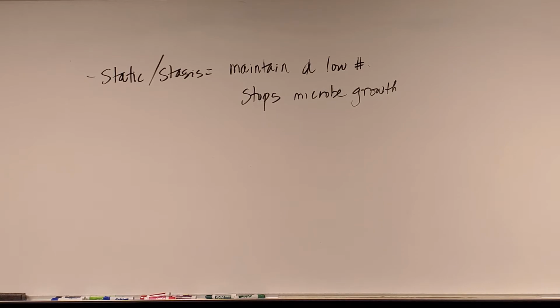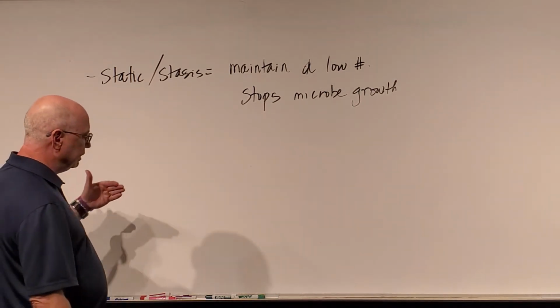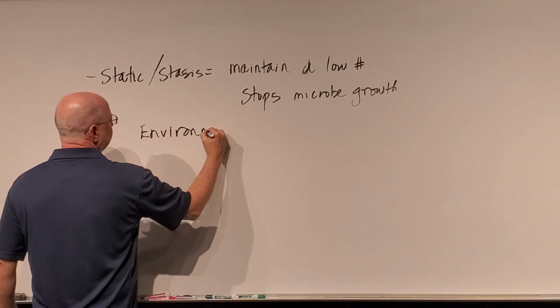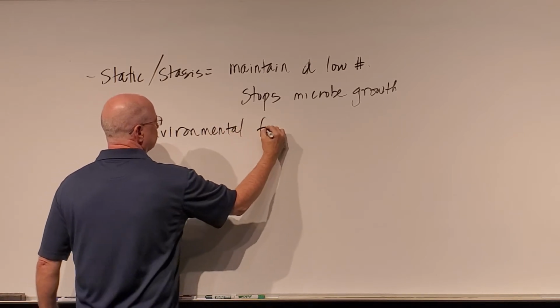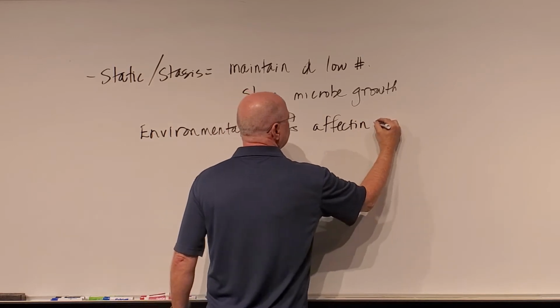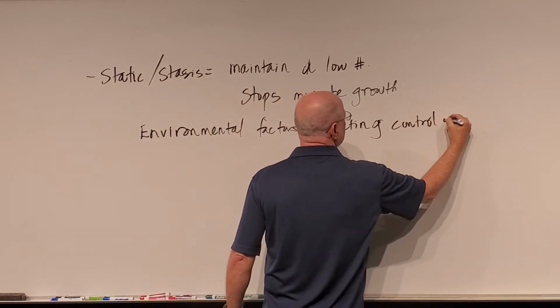Now, when we talk about controlling bacterial growth or microbial growth, a lot of times we're going to talk about killing bacteria or keeping their growth at a certain number, things that are bactericidal or bacteriostatic. And there's a number of things that we can take into account, some of the environmental factors that can affect this. So we can talk about environmental factors affecting the control of their growth.